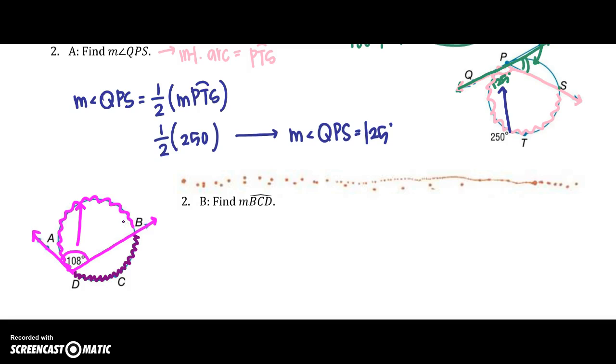And there's a couple ways to do this. I'm going to take my angle equals 1/2 of my intercepted arc, which would be, I guess I don't have it, our purple, let's call it our pink arc.